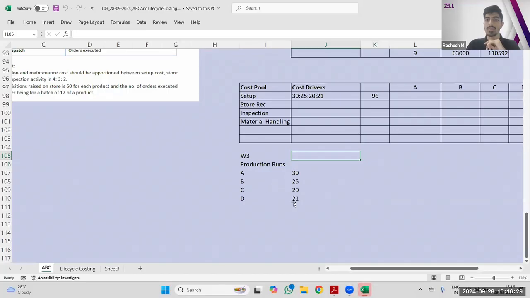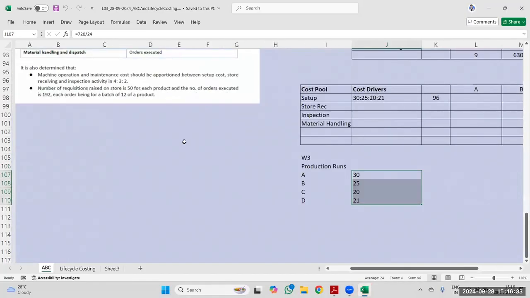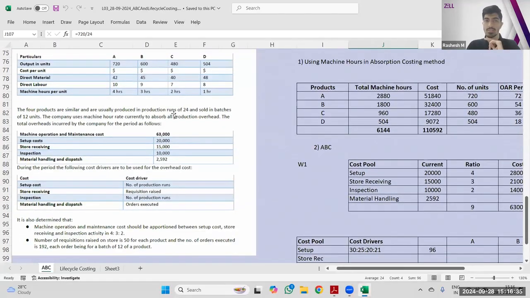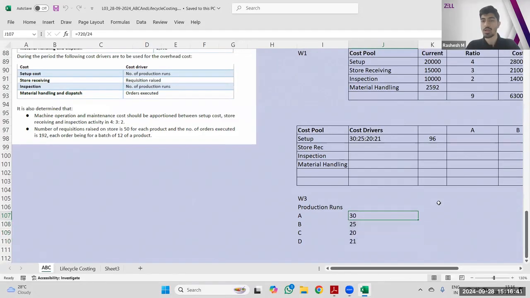Which part? This part? So the question says, can we make it in groups of 24? So if 720 units were made in groups of 24, how many such groups or batches did we require? 720 divided by 24 gives me 30 such groups.